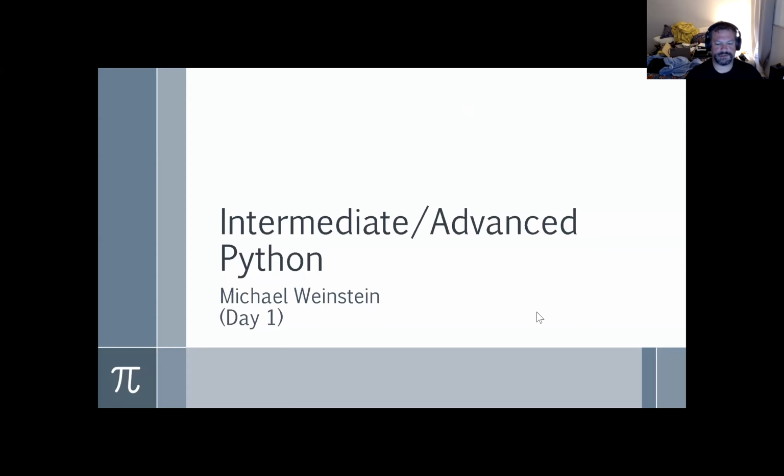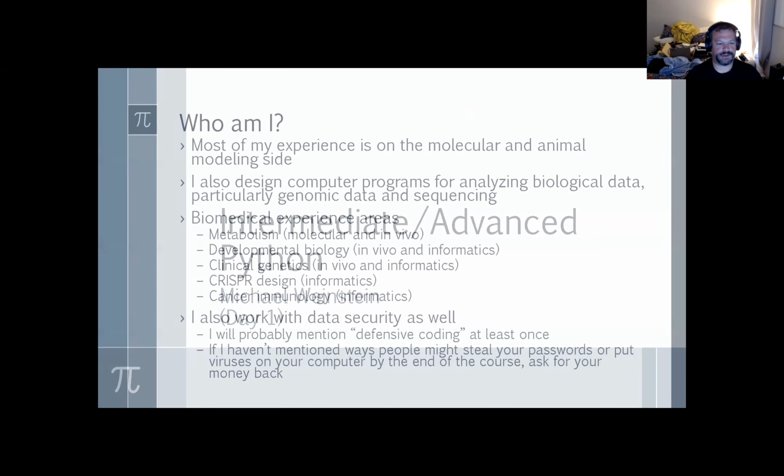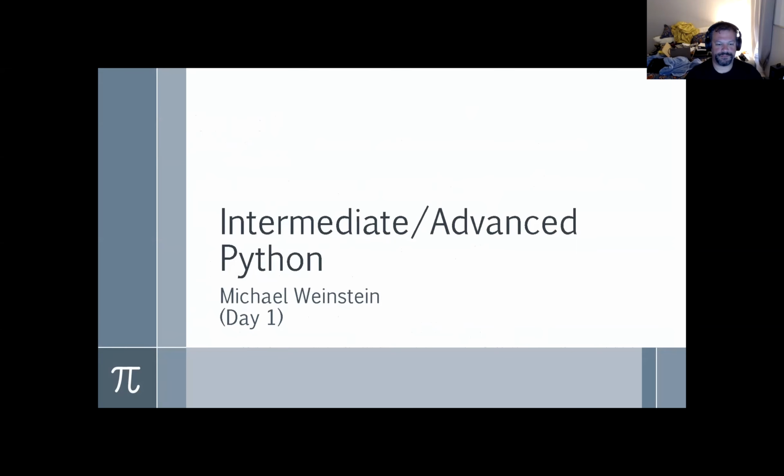So I usually like to start this class off with introductions, obviously with a number of people and with the fact that we're not in the same room. We're not going to be able to introduce ourselves in person, but if in the chat section you could just write what your name is, if you are primarily at UCLA, and what your research and laboratory are, or if you're not in a research laboratory, what kind of work you're planning on doing with Python.